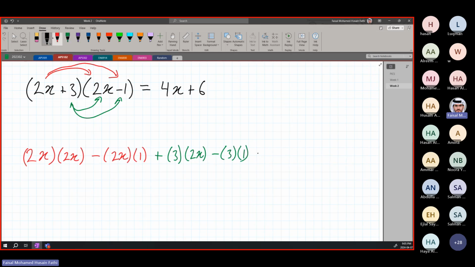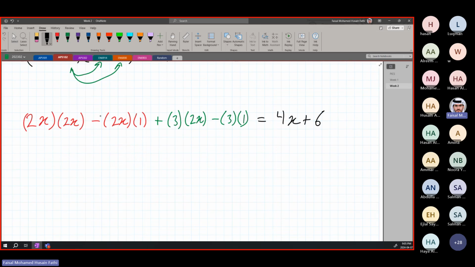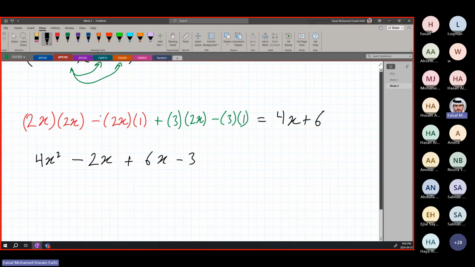And this is going to be equal to 4x plus 6. We simplify this. This is going to be 4x squared, since 2 times 2 is 4 and x times x is x squared. Minus 2x times 1 is just minus 2x. Plus 3 times 2x is 6x. Minus 3 times 1 is 3, which is equal to 4x plus 6.